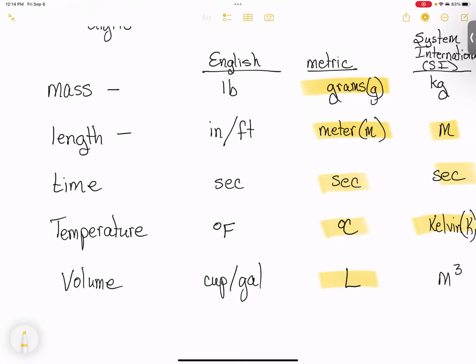Are you making mass measurements? Are you making volume measurements? The top of the page gives you conversion factors between the English system and the metric system primarily. So again, you will receive the top of this page on an exam to help out with conversions.